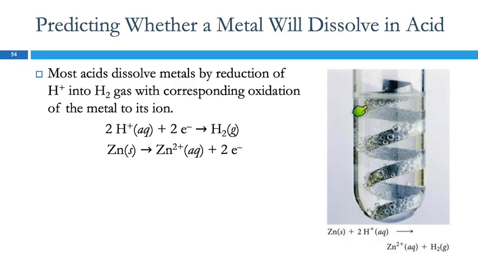This is a picture of that occurring. And so we see the zinc strip in here, it's in hydrochloric acid, and these little bubbles that are forming are hydrogen gas. And those are forming as the zinc slowly turns into zinc ions, and if we wait long enough, the solution is going to look like water. All the zinc will disappear. It's still there, but it's not an element anymore, it's an ion.